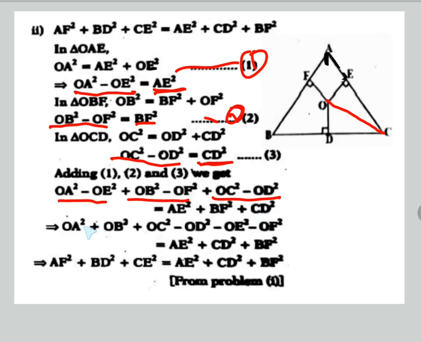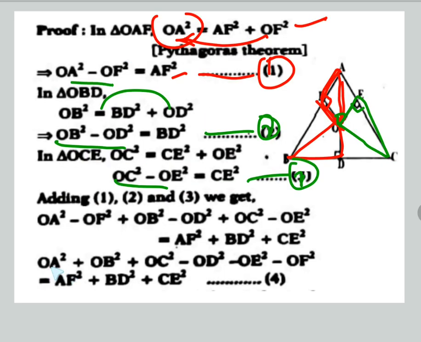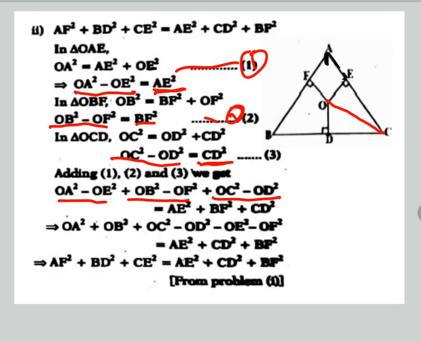But we know that OA square plus OB square plus OC square minus OD square minus OE square minus OF square is equal to, as already proved in the first theorem, AF square plus BD square plus CE square. So this is equal to AF square plus BD square plus CE square, and this is equal to AE square plus CD square plus BF square. Hence it is proved.